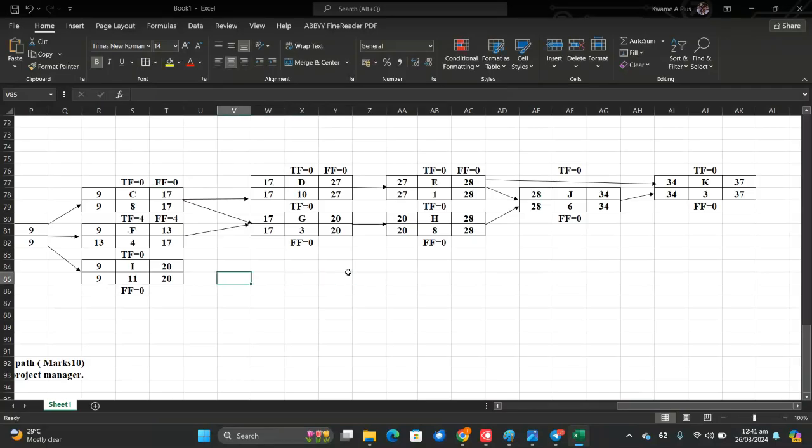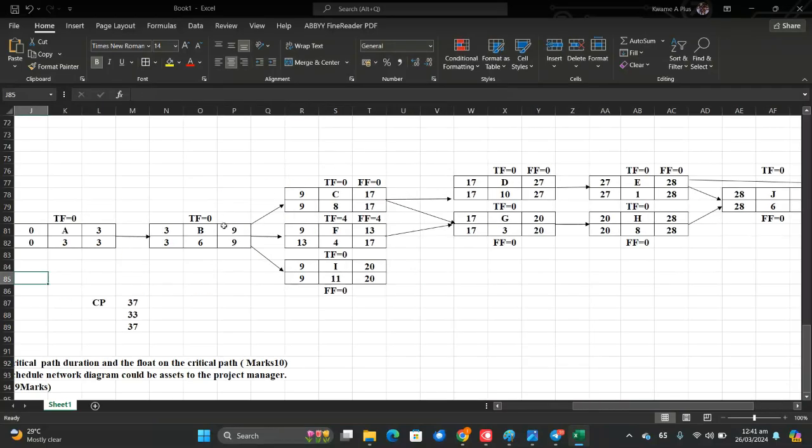Yes. And then free float, 9 minus 3 is 6. 6 minus 6 is 0. Free float is equal to 0. 3 minus 0 is 3. 3 minus 3 is 0. Yes, so we have all of them.